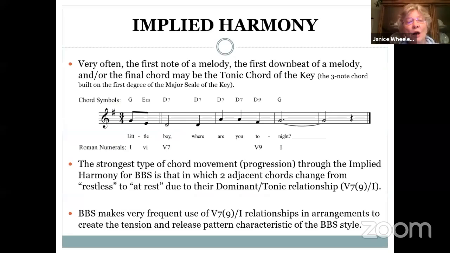Barbershop makes very frequent use of the 5/7 or 5/9 to 1 relationships in arrangement to create the tension and release pattern that's characteristic of the barbershop style. So we're right on point with our tags so far.